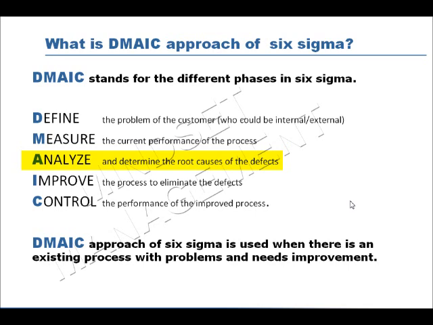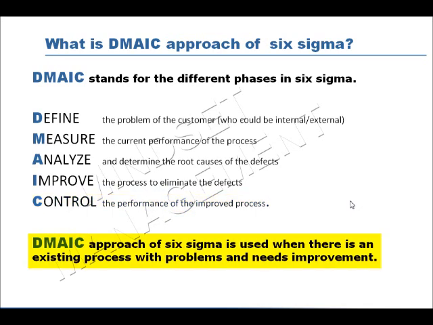In analyze phase, we analyze and determine the root causes of the defects. In improve phase, we improve the process to eliminate the defects. In control phase, we control the performance of the improved process. DMAIC approach of Six Sigma is used when there is an existing process with problems and needs improvement.